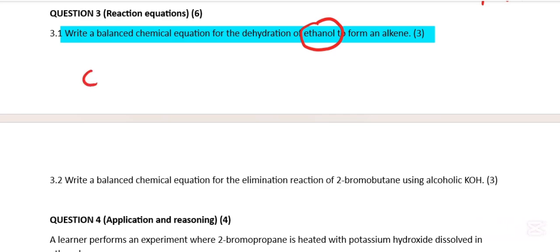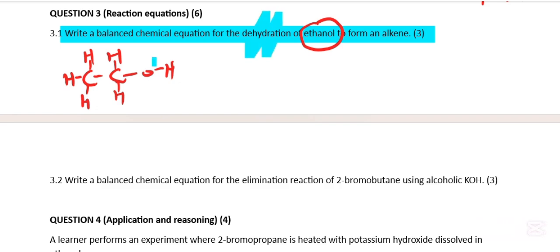Ethanol means there are 2 carbon atoms, there is no double bond, and there is OH because it is an alcohol. So we remove water because they say it's dehydrating. So we remove this OH and this H.